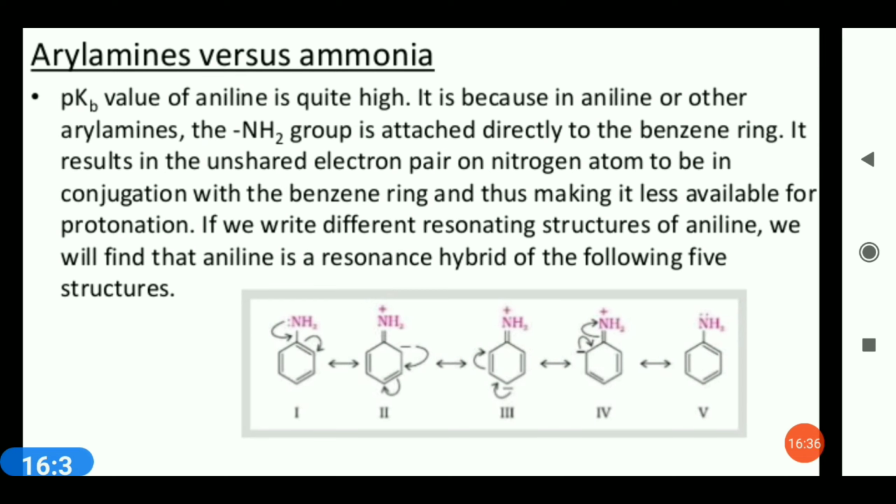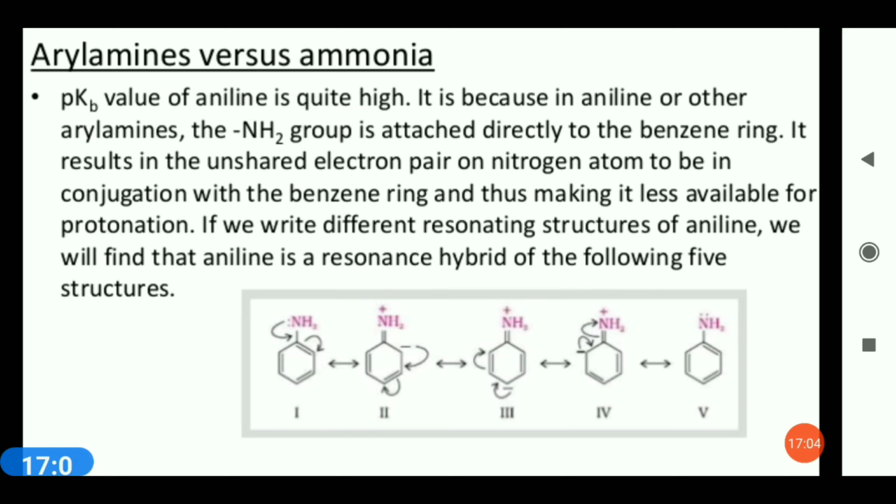When we compare the basicity of aromatic amine with the ammonia, the pKb value of aniline is quite high. It is because in aniline or other aryl amines, the NH2 group is attached directly to the benzene ring. It results in the unshared electron pair on nitrogen atom to be in conjugation with the benzene ring and thus making it less available for the protonation.